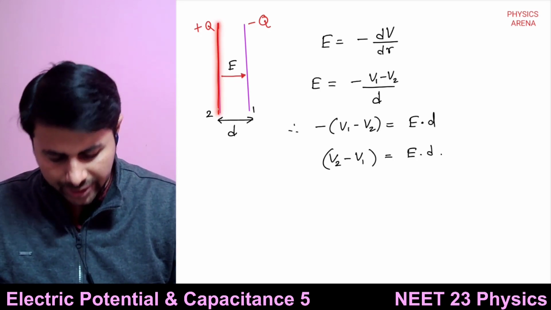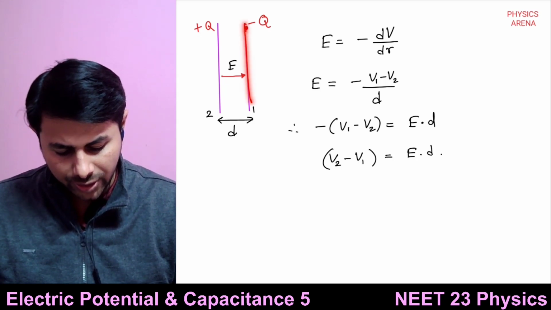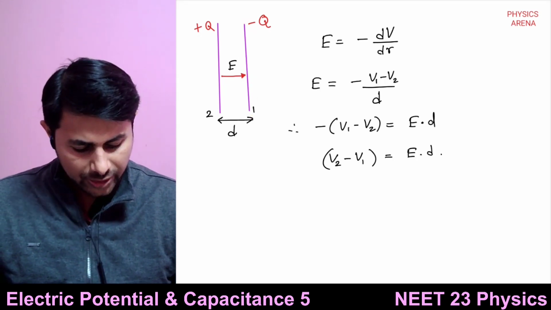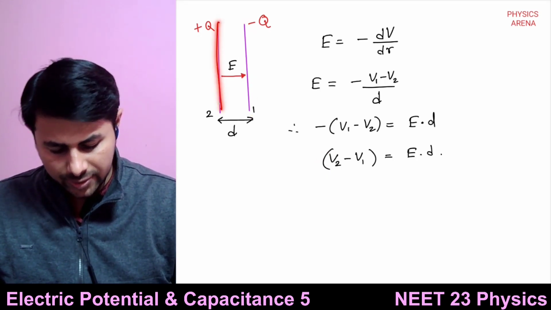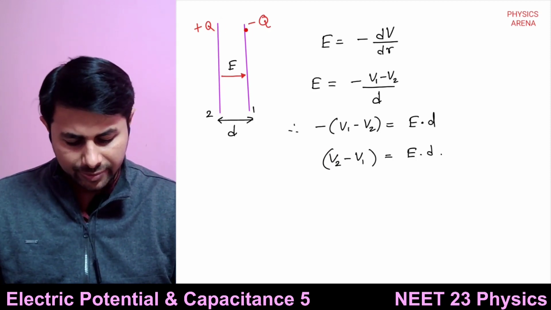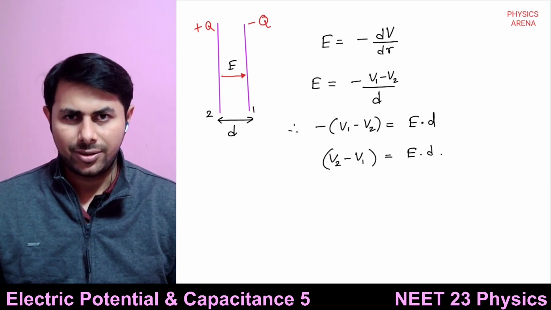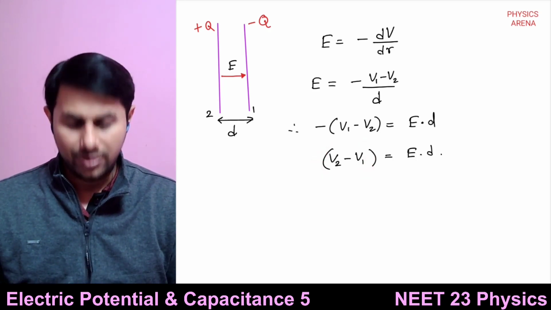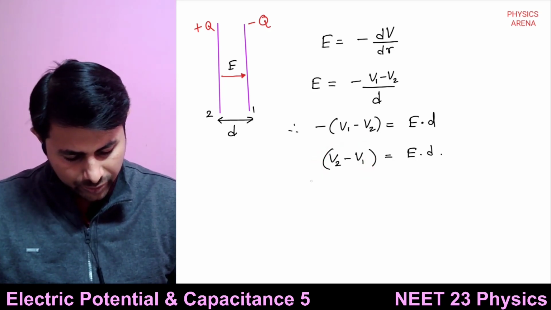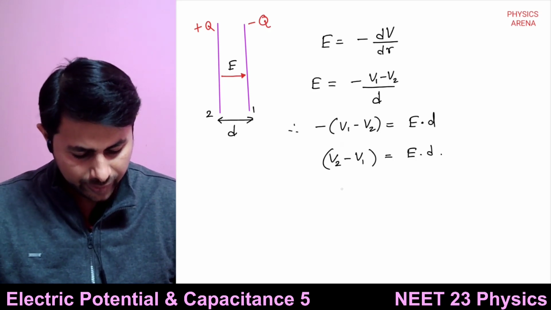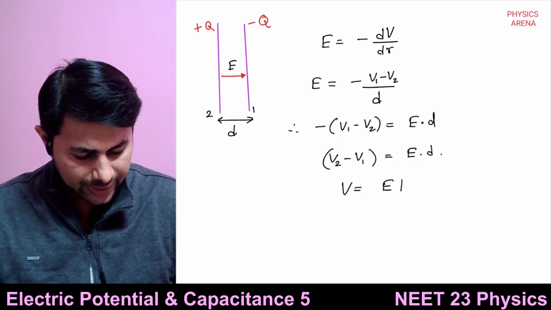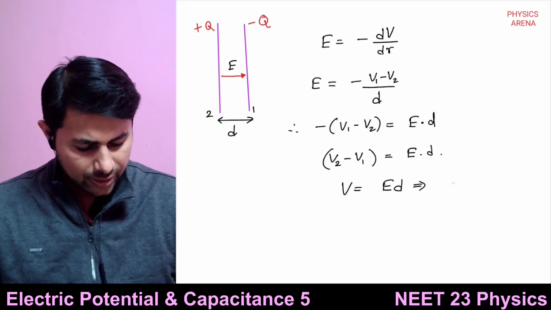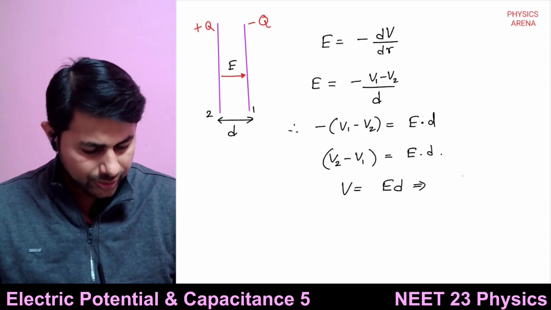Potential on this plate will be higher compared to potential on this plate. So what is V2 minus V1? It is the potential of positive plate minus potential of negative plate. Okay, and let's call that potential difference as V. So suppose V2 minus V1 is equal to V. So V is just equal to E times D.